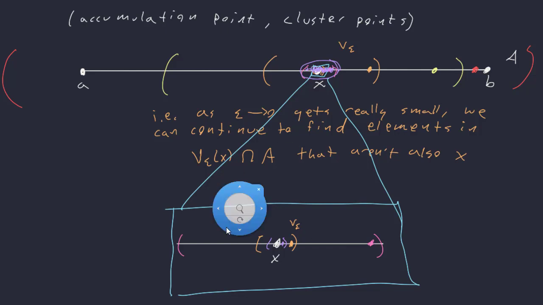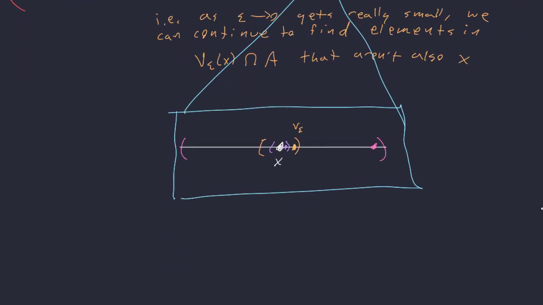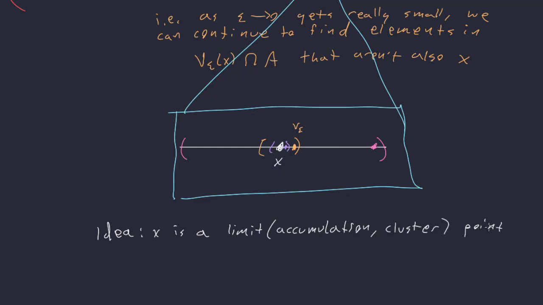Okay, so the idea is that X is a limit point, or an accumulation or a cluster point, if there's a clustering or an accumulation of other points in the set around it.